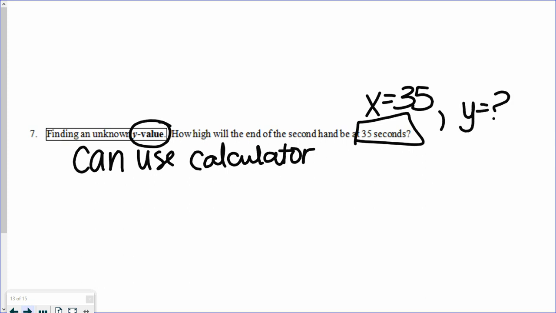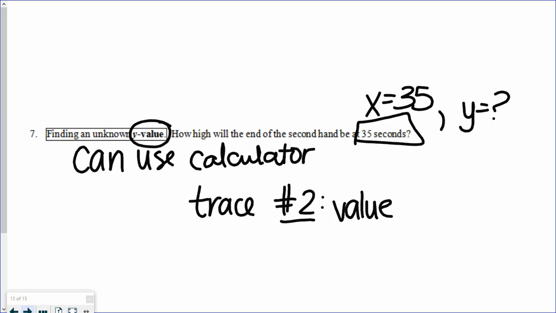We know in our calculators there are a couple different ways to look at this, but the easiest is you're going to trace, and I think it's number 2, if I'm not mistaken. It's the one that says value. Number 2 might be zeros. Oh no, it's number 1.